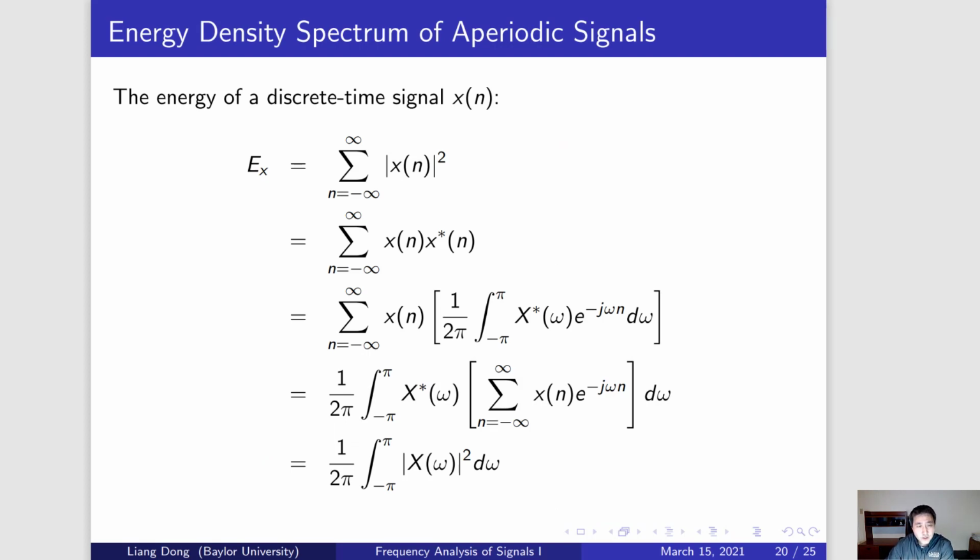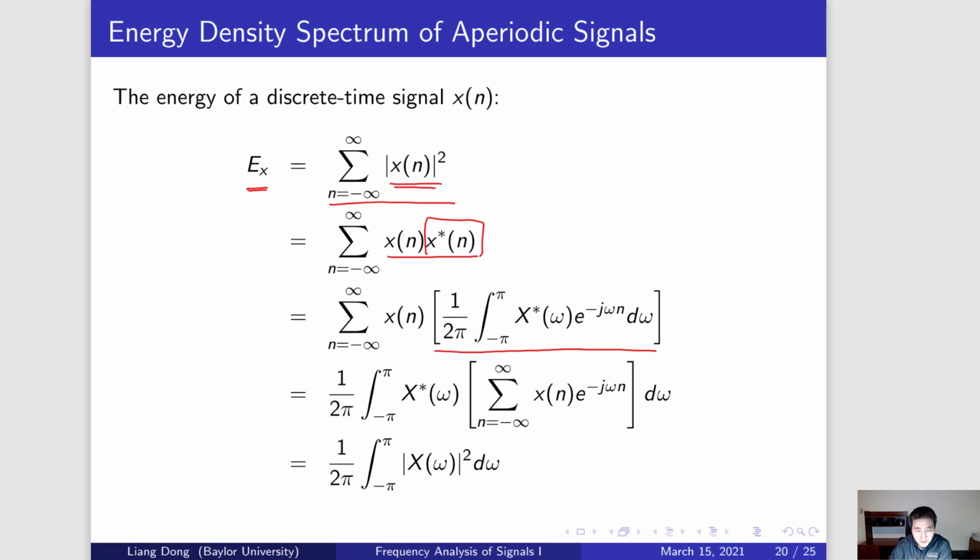Let's look at the energy of the discrete-time signal x[n], and we can derive the relations for the discrete-time aperiodic signal. The energy is defined as the sum over n from negative infinity to infinity of all these instantaneous powers. And that can be written in this format, and using the analysis equation, the inverse Fourier transform, we expand one of the x[n] in this format. Then we change the order of integration and summation.